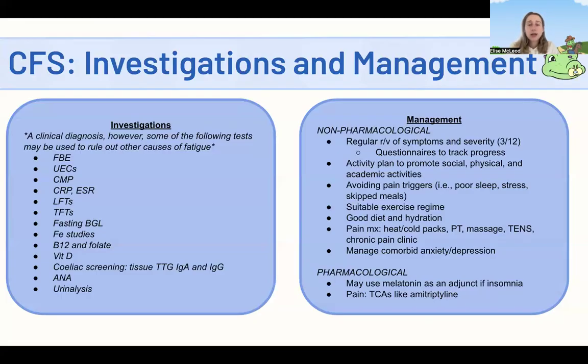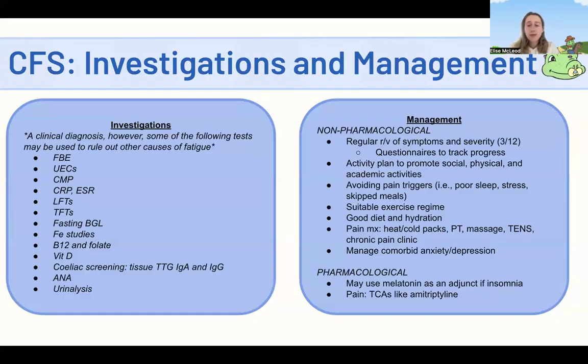Helping to plan or create an activity plan to promote involvement in ADLs, avoiding pain triggers like making sure the young person gets enough sleep, reducing stress and regular meals, trying to get them involved in exercise again. That might be a graduated return to exercise. As we said, good diet.